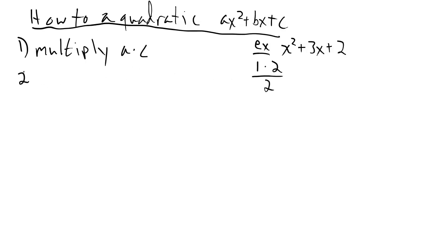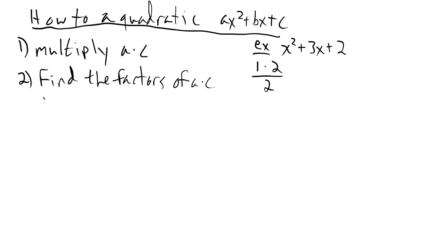Our next step, we want to find the factors of a times c that add up to b. Remember, this is why we call it an ACB chart. So we're looking for the factors of 2 that add up to 3.